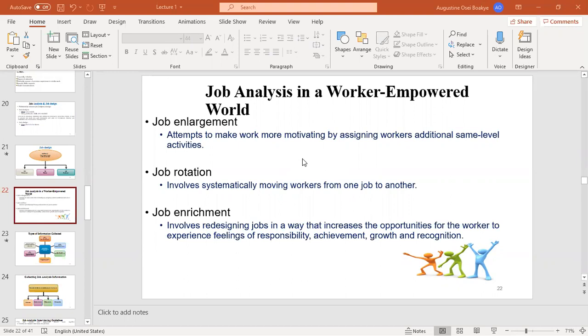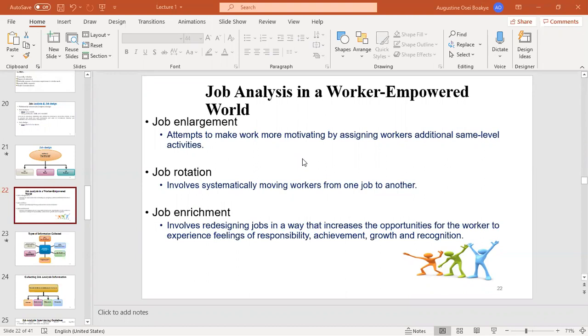And so the organization must promote them to a higher level where the job is quite challenging, and also it comes with a lot of responsibility and recognition. In such circumstances, we employ what we call job enrichment.